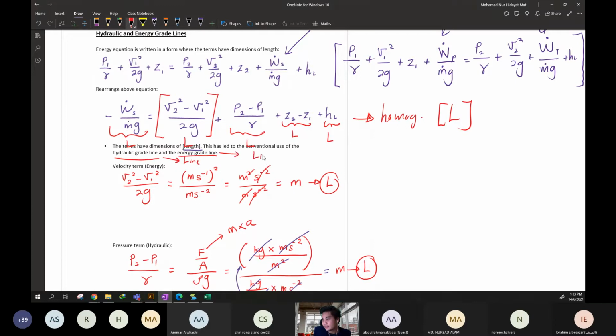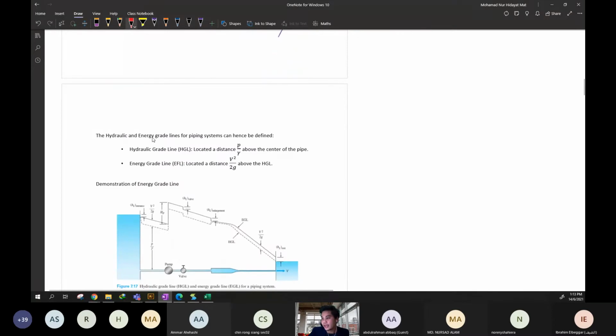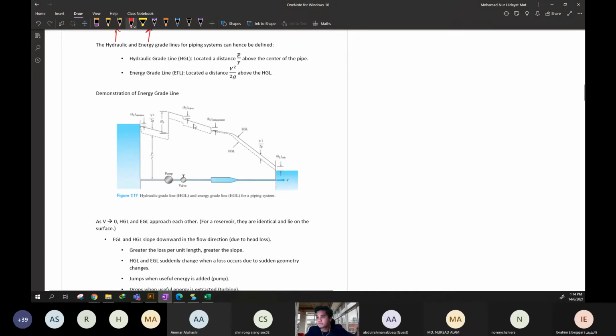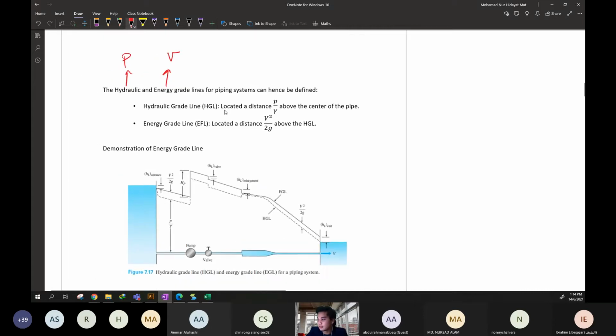So remember, hydraulic is the pressure term. The energy is the velocity term. For piping system, it can hence be defined by the hydraulic grid line, which we call simply HGL, located at distance P over gamma above the center of the pipe.